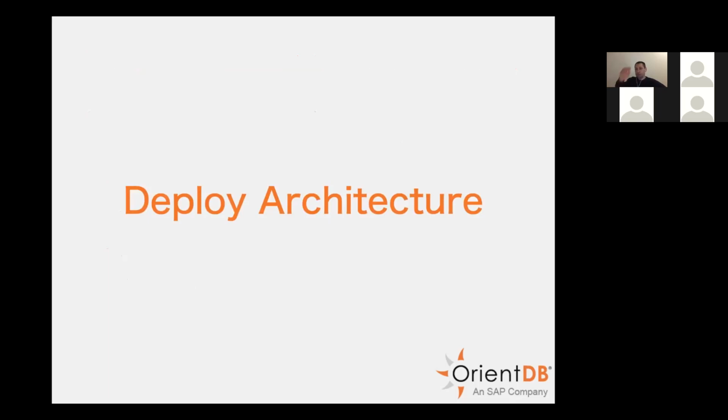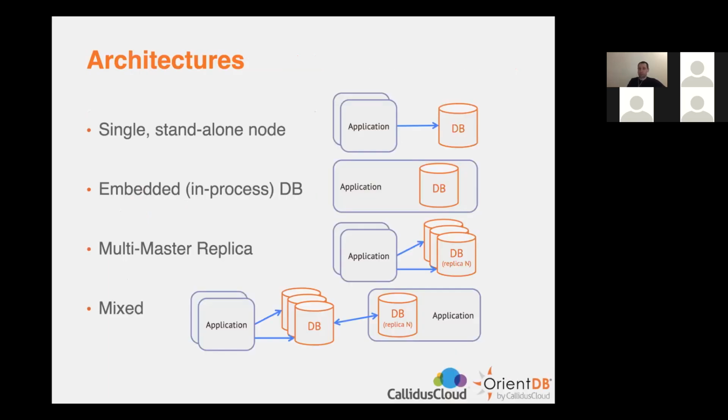We have to spend at least a couple of minutes on the architecture you can design with OrientDB. OrientDB can run standalone. So you just start your OrientDB server, you connect from your application with a remote connection, like MySQL, like any other database. OrientDB can run in process if you have a JVM. So if your application is written in Scala or in Java or in any other JVM language, you can embed OrientDB inside your process.